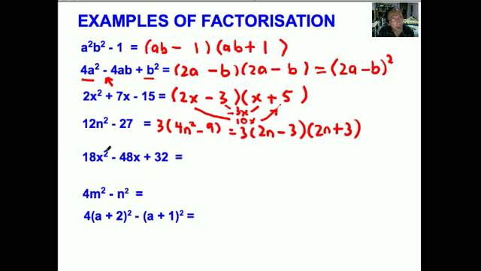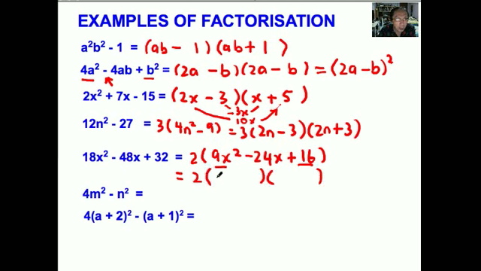In this example, we have a common factor of 2. Thus, we factorize out the 2 first before we factorize any further. On careful examination, you notice that it could be a perfect square because we have positive squares at both ends.